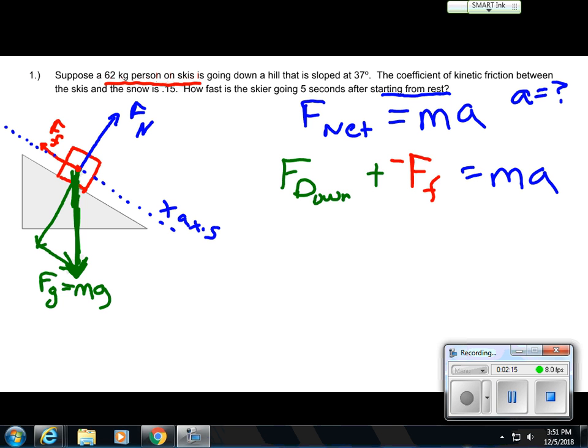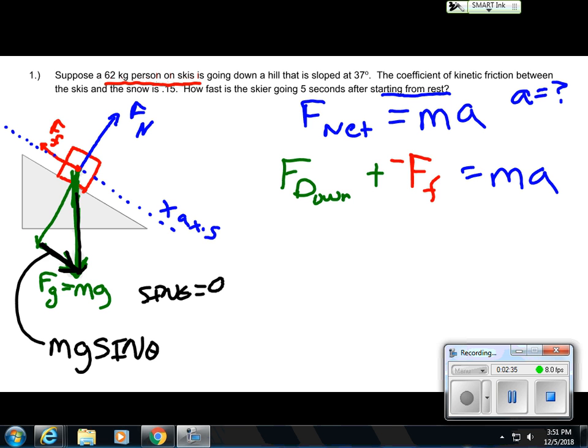I'm going to pick a different color. I'm going to try black. This is a component of this piece. I'm not going to really get into this, but this is going to be mg sine theta. Just in case you need it, sine theta is opposite over the hypotenuse.